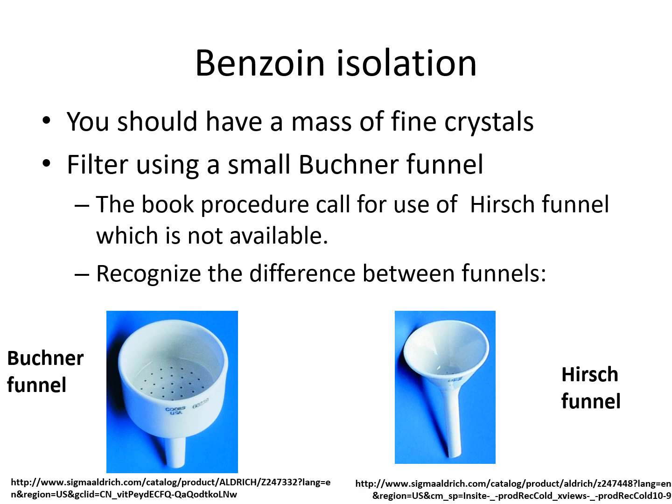I mean, physically speaking, they are the same. With respect to the purpose, they are the same. But as you can see, the Hirsch funnel is kind of narrow, and that facilitates the gravity filtration. But because we do not have the Hirsch funnel in the laboratory, we will be using the Buchner funnel.